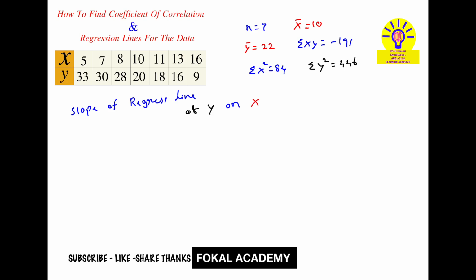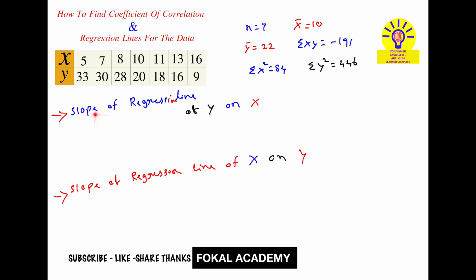Another line is the slope of the regression line of x on y. So this is one equation, this is another equation.